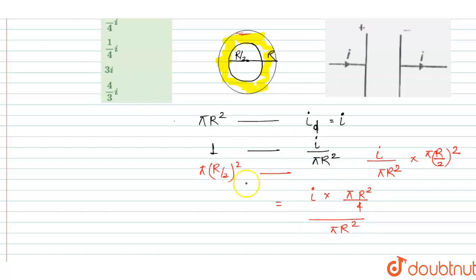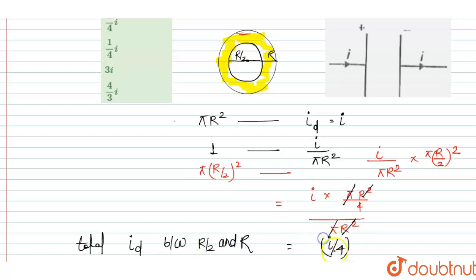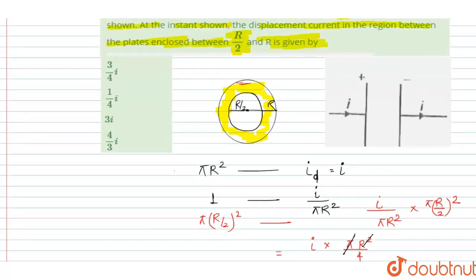When we solve, pi and pi cancel, r square cancels, so the total displacement current between the region R by 2 and R is equal to I by 4. I by 4 is the right answer of this question. When we see the options of this question, option B is the right answer.